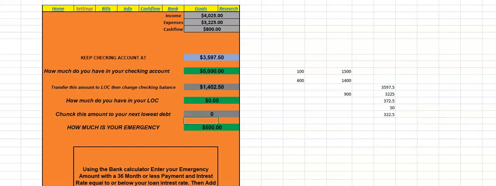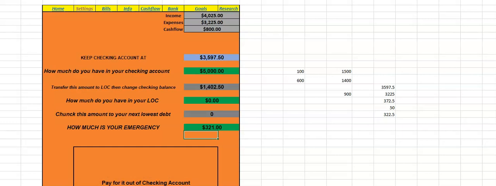So $322. So if this emergency was $321, it's going to tell you to just pay for it out of your checking account. It's going to reduce your checking account by $321. You still won't go negative. You'll have enough to pay all of your bills that month and take care of this emergency without going negative.